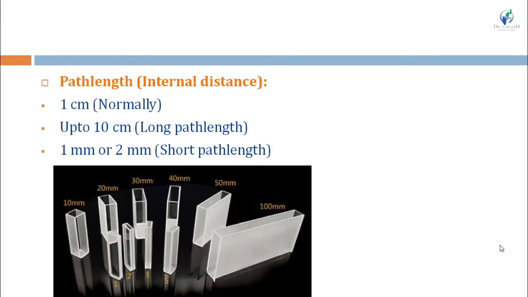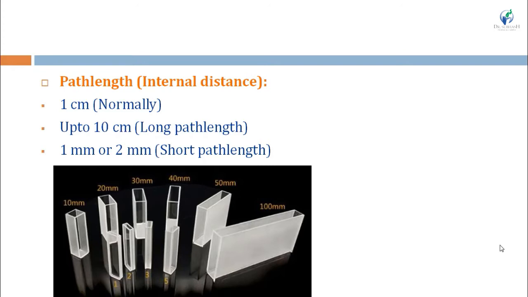Then the third parameter is path length. Path length means the internal distance of the cuvette or sample holder, meaning the distance covered by the radiation while passing through the sample.